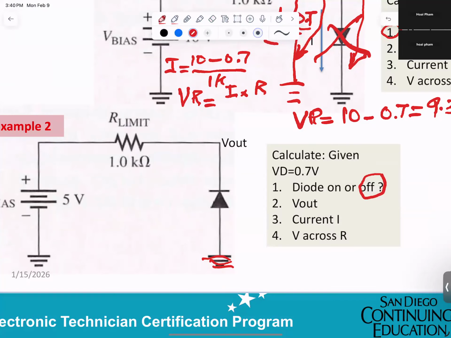V out. If no diode, you see, you get 5 volt here. 0 volt here. Diode must be off. And what is V out equal? 5.